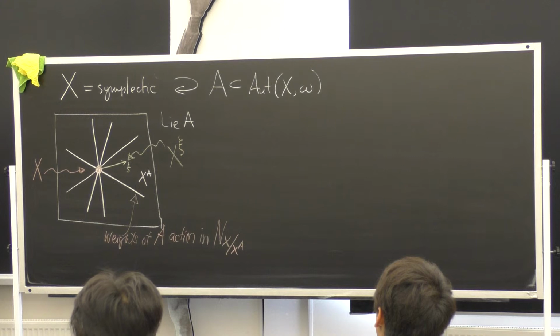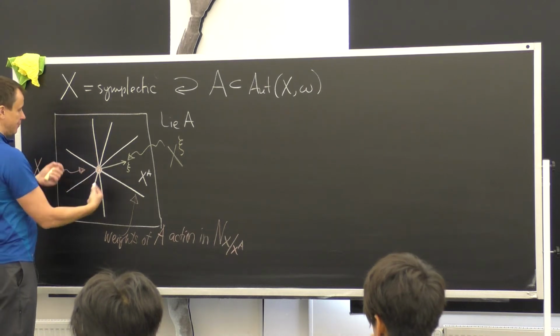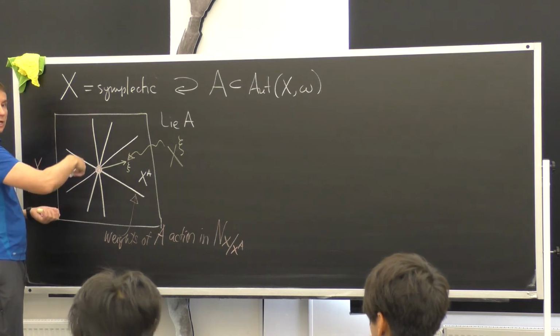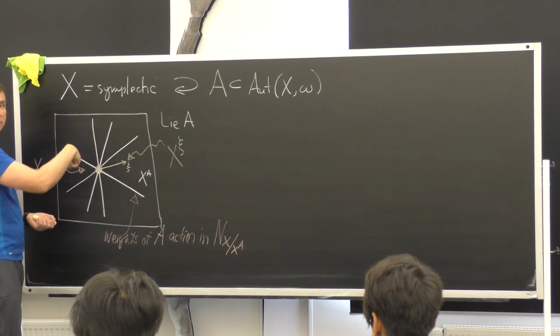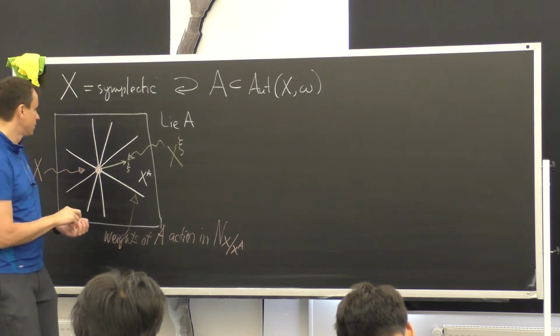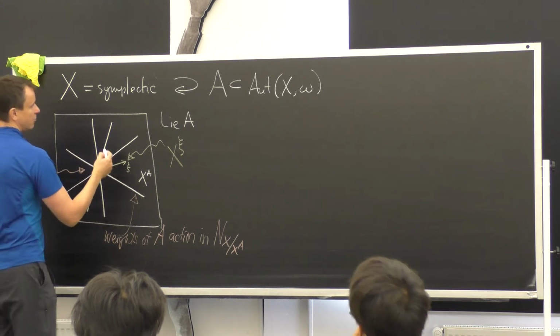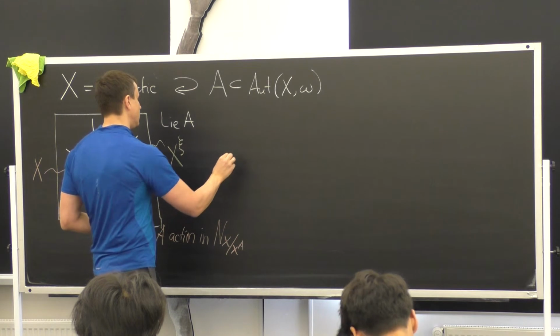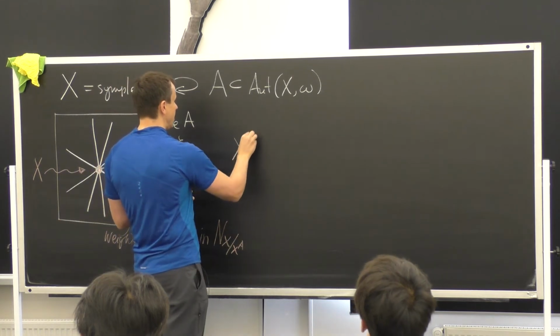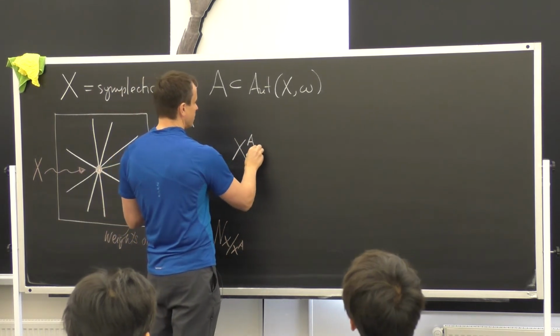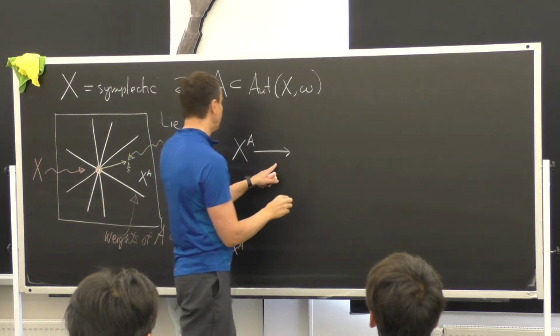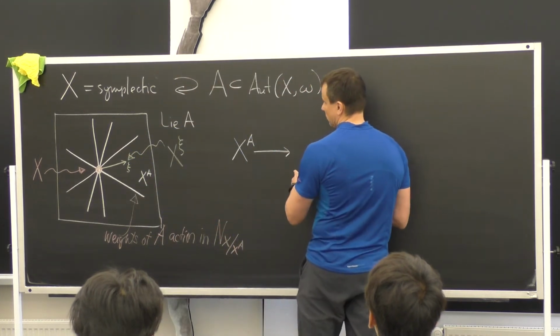What we would like in this diagram is, for every cell of this arrangement, to have a map to every cell in the boundary. We kind of want from X^A, the whole fixed locus, to have a correspondence.